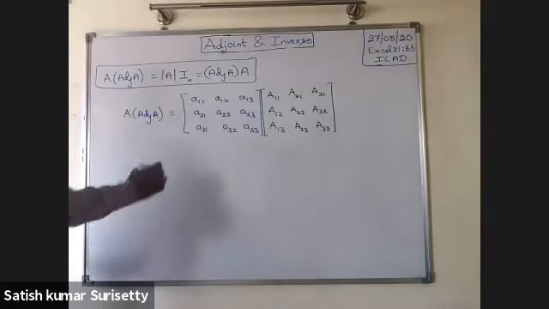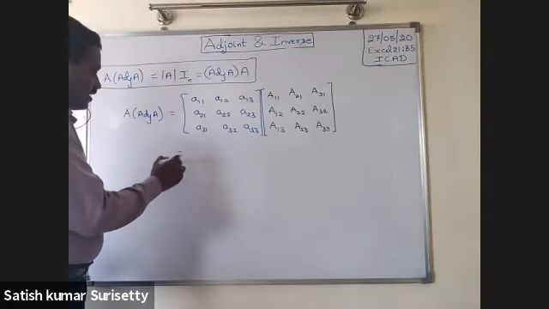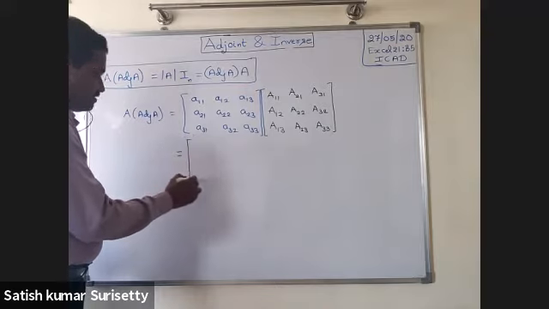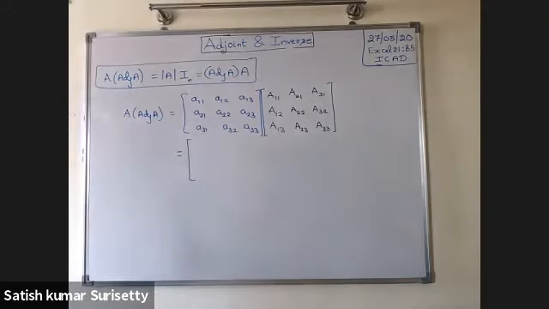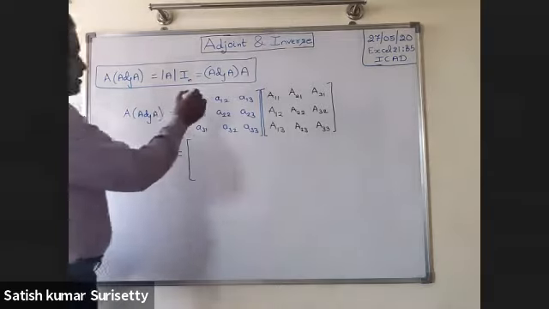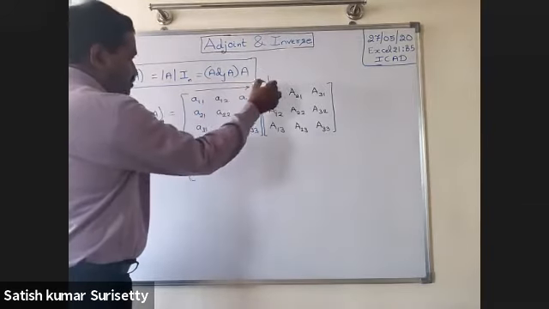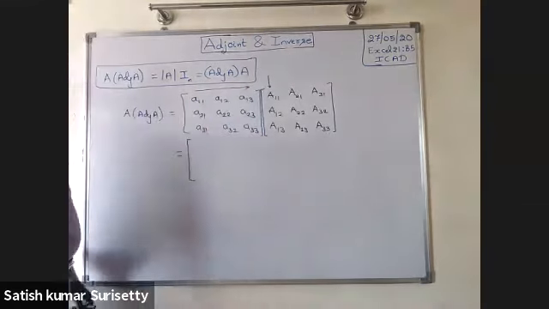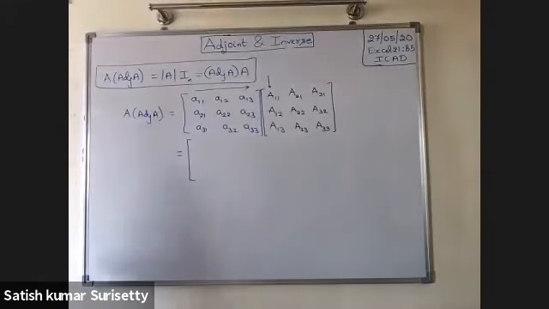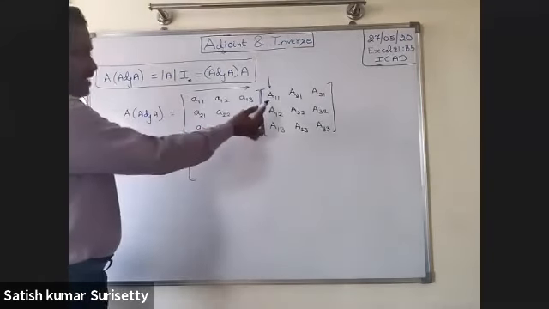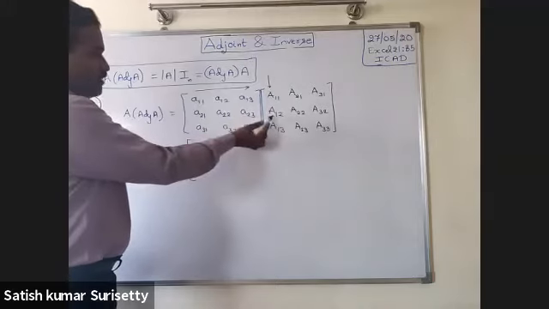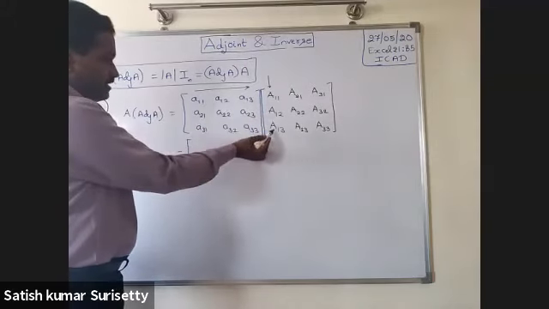Previously, I did a numerical problem. Now you are doing the theoretical one. So take the product, row with a column. First row with first column: A11 capital A11, A12 capital A12, A13 capital A13.